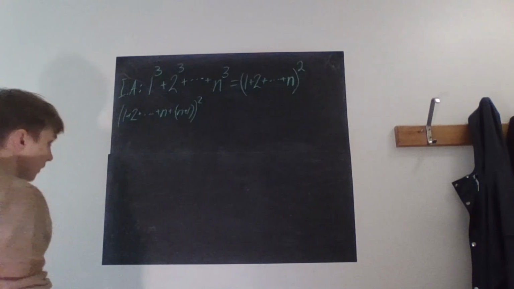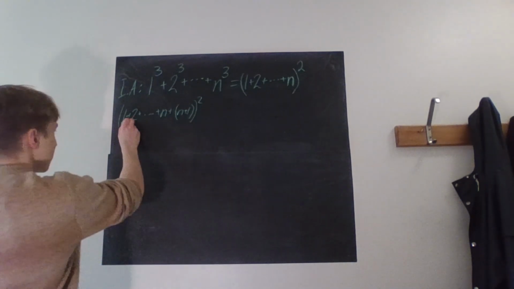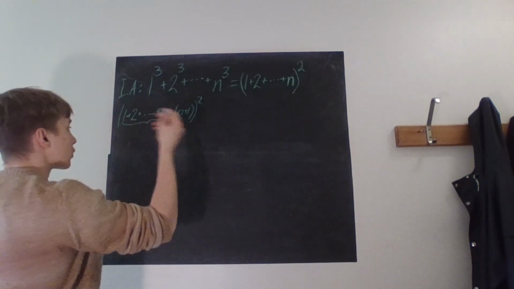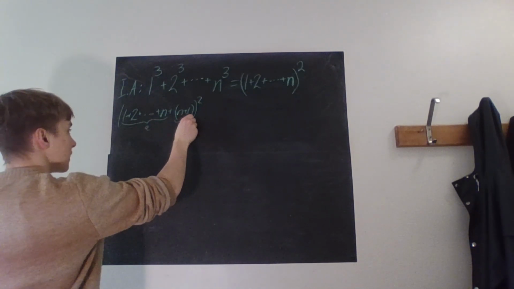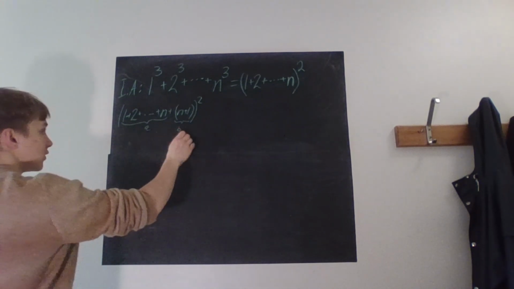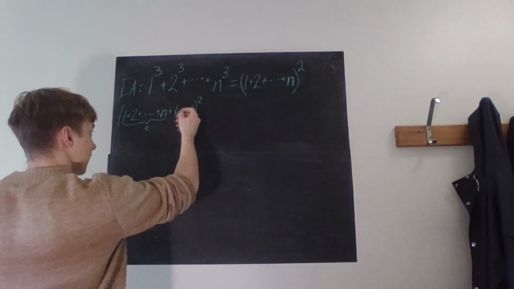So what I would do here is I would regard this as one group, one unit. Maybe we call it A, and regard this as our B, and then do a factorization from this.